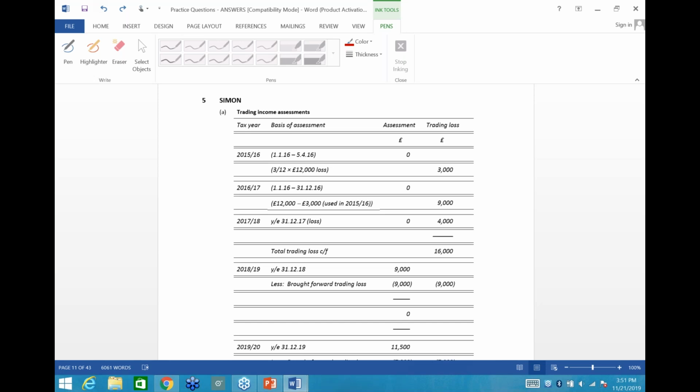If the business has incurred a trading loss during its last 12 months trading, that can be carried back for a period of 3 years to set off against trading profits only, not against total income, according to last in first out basis.